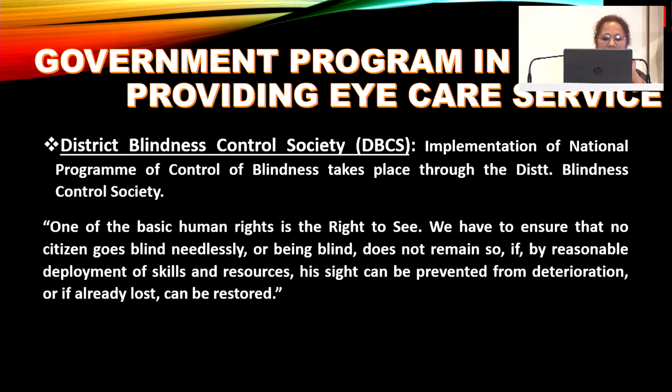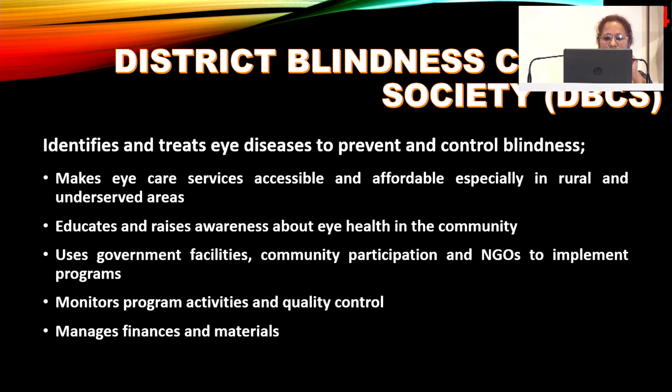One of the basic human rights is the right to see. We have to ensure that no citizen goes blind needlessly, or being blind does not remain so if by reasonable deployment of skills and resources his sight can be prevented from deterioration, or if already lost it can be restored.